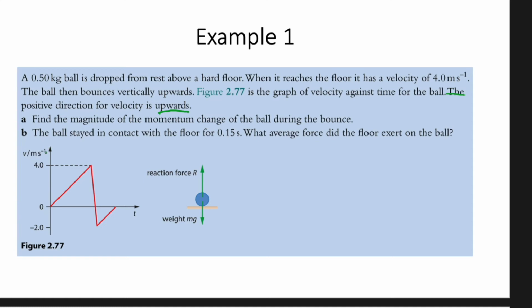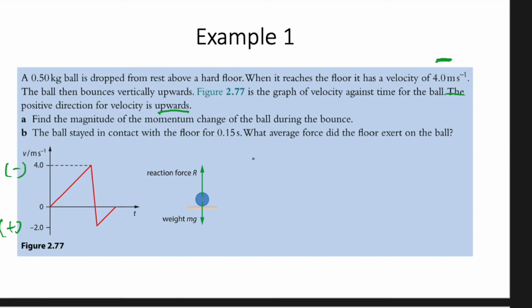When it reaches the floor, it has a speed, or I will still say velocity, of 4.0 meters per second, but it has to be a negative quantity, so I will put a minus sign here. And when the ball hits the floor, it bounces back going upward, so it has to be a positive quantity. So here should be a positive number, and here should be a negative number.